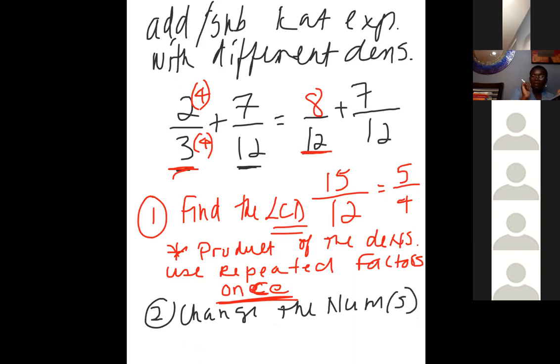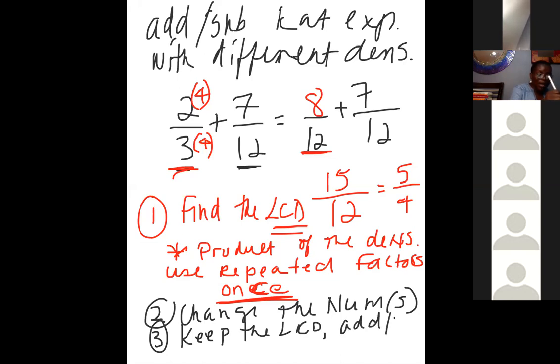If you change the denominator, change the numerators, guys. If you didn't change the denominators, then you don't need to change the numerators. Now, number 3, you want to keep the LCD, add or subtract the numerators.